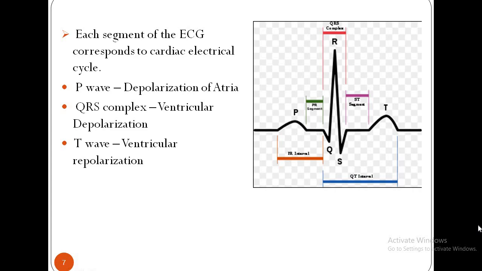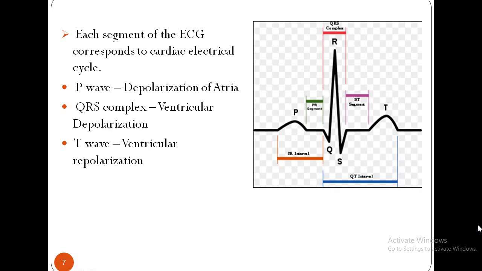Atrial repolarization also occurs during this time. During the ST segment, the ventricles contract and pump blood. The T wave represents the ventricular repolarization immediately before the ventricular relaxation or ventricular diastole. The cycle repeats with every heartbeat.